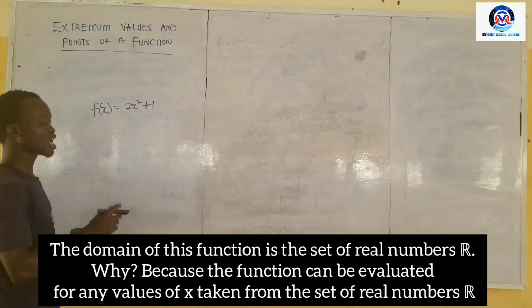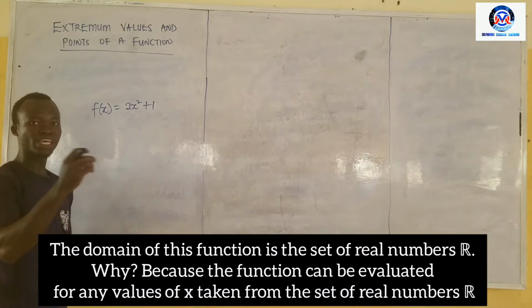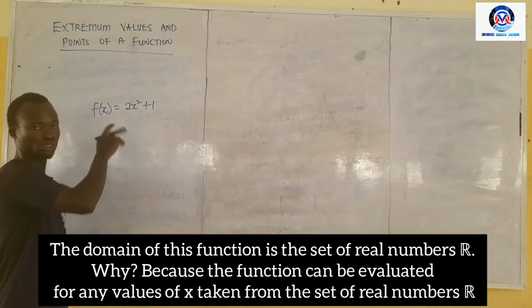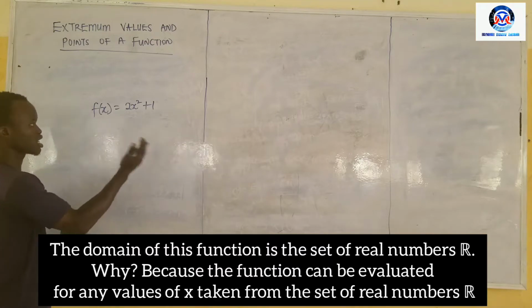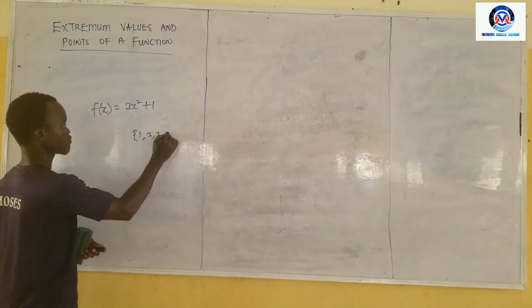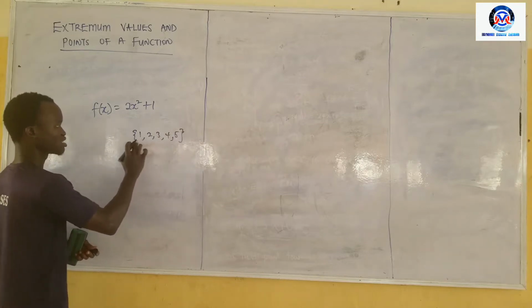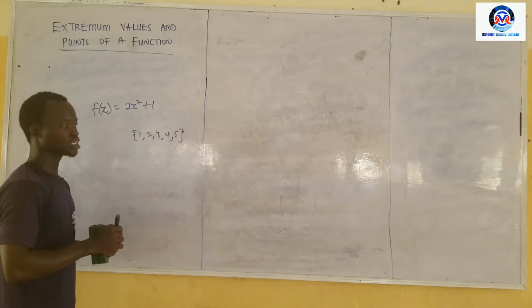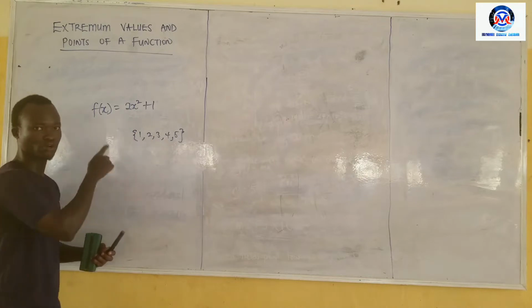Why? Because for every real number you pick and put into this function, you will be able to evaluate this function. For instance, let's consider the set 1, 2, 3, 4, 5. Yes, this set of inputs is accepted by this function. Why?